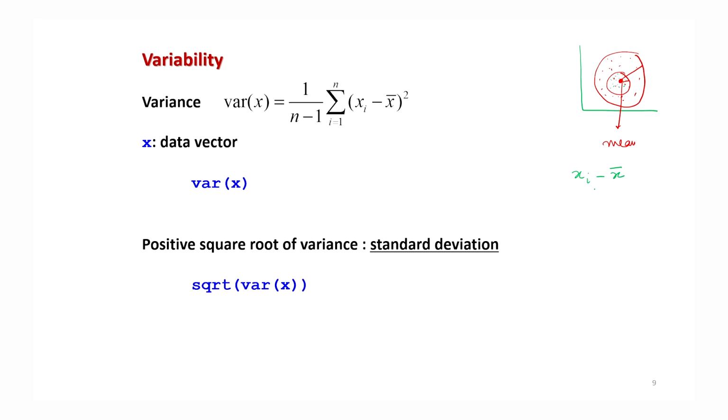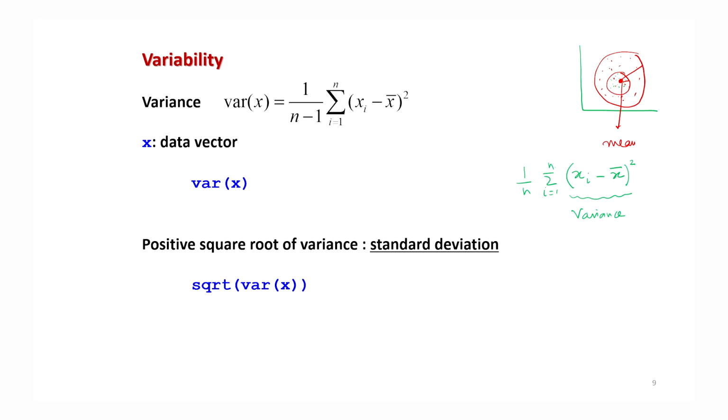Now this difference can be positive or this difference can be negative. So in order to get rid of the sign of this deviation, we square it. So now this is always positive. Now there is more than one data point, so we take the average of all such squared deviations. So this is basically the definition of variance.